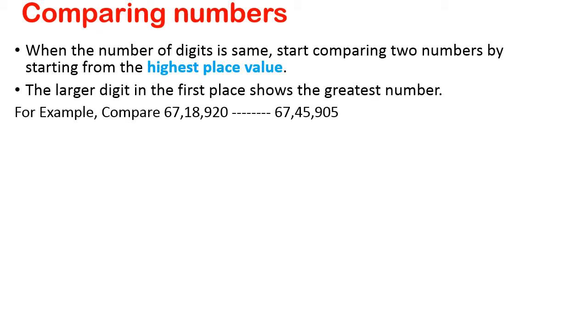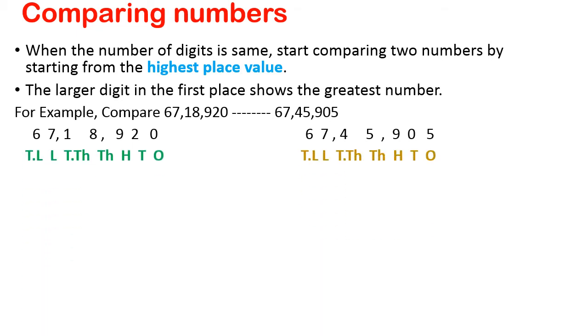So the first step you have to check whether the number of digits is same or not. So now we are going to write the place value to find out the number of digits. So ones, tens, hundreds, thousands, ten thousands, lakhs, ten lakhs. So the number of digits is same. Both numbers have 7 digits.